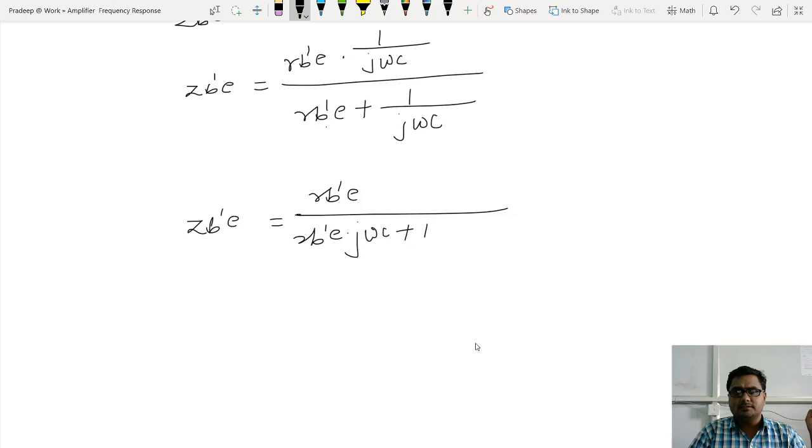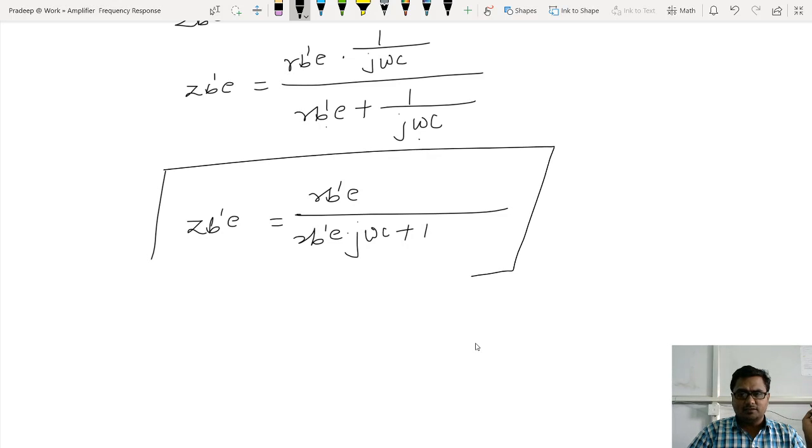The j omega C terms will cancel each other, only RB'E remains. So RB'E divided by RB'E j omega C plus 1 is the remaining thing, that is ZB'E.